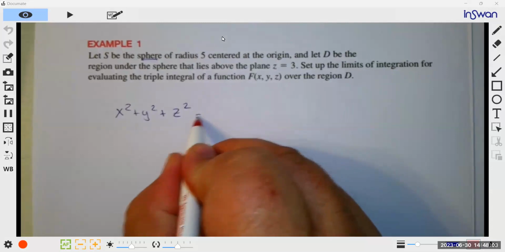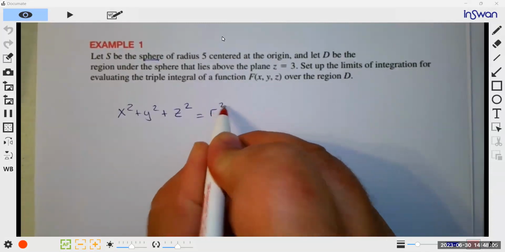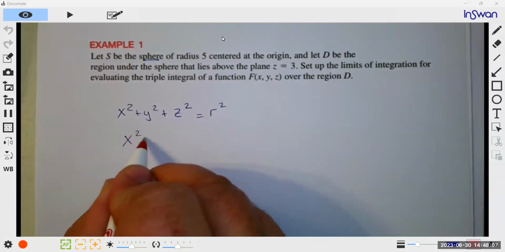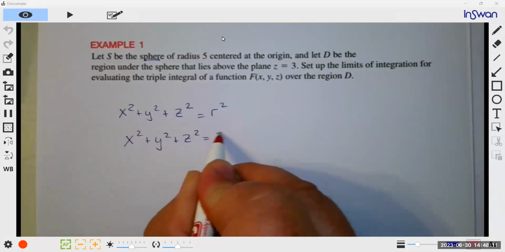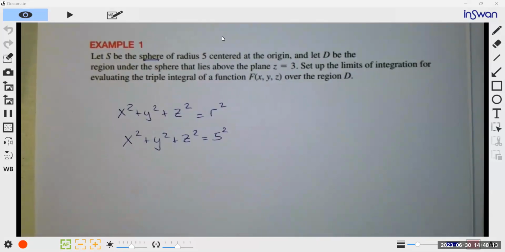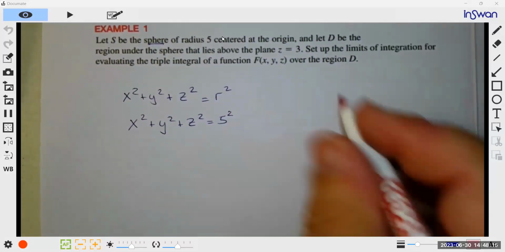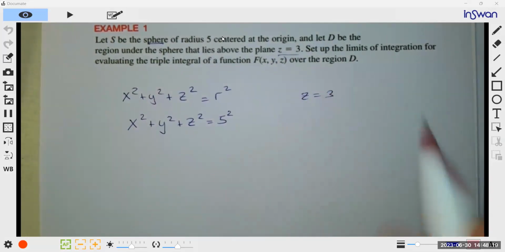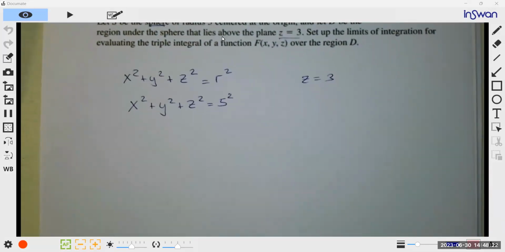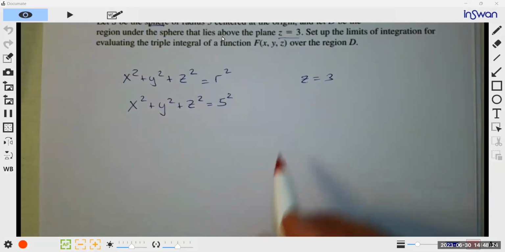The radius is 5, and we also know that C equals 3. So let's draw what we have so far.